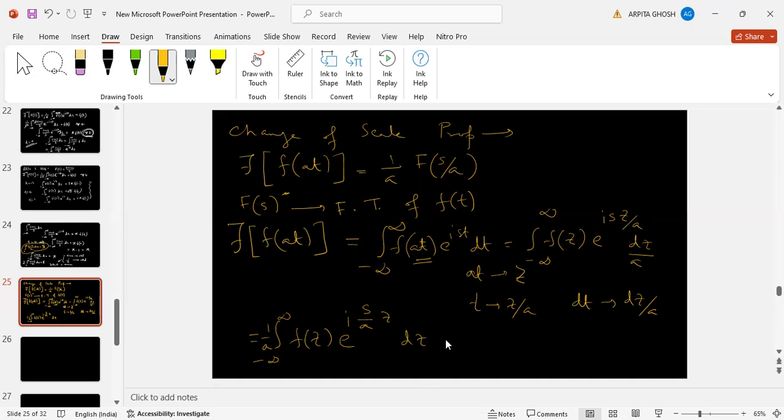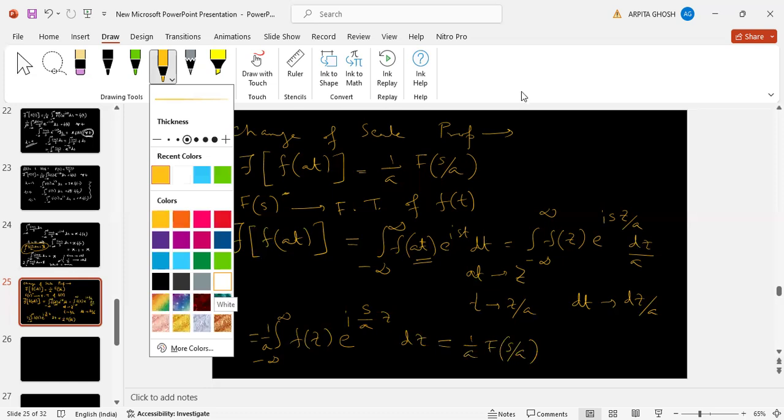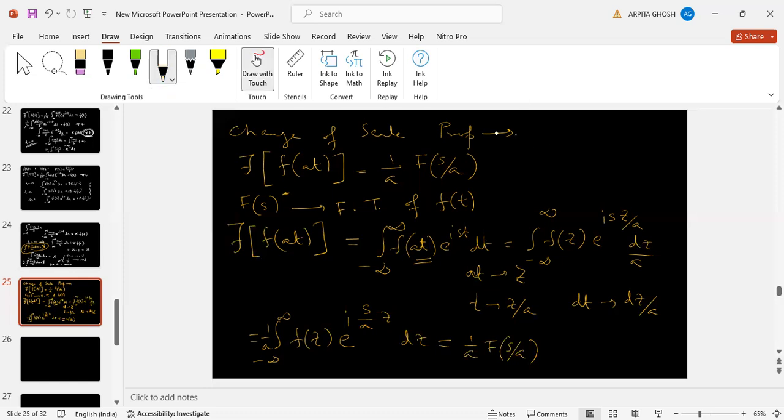Now, can't we write it as 1 by a into capital F s by a? See, what was your F s? F s is minus infinity to plus infinity f t into e to the power ist dt.